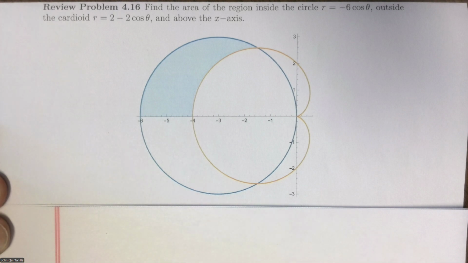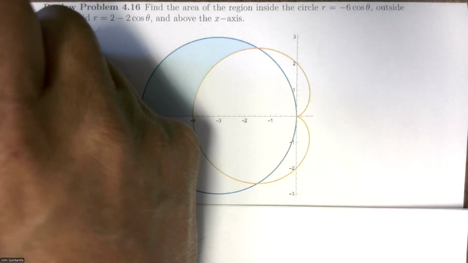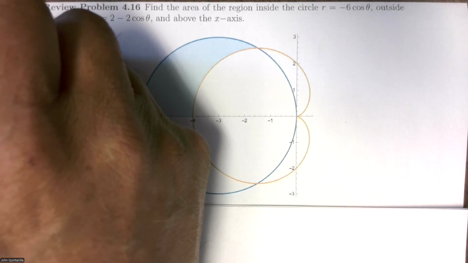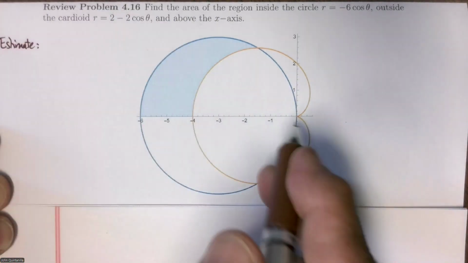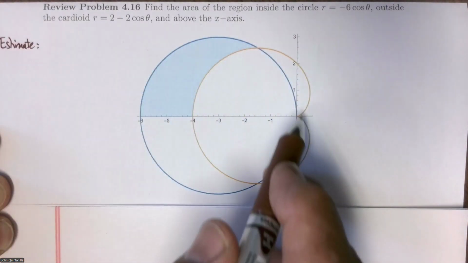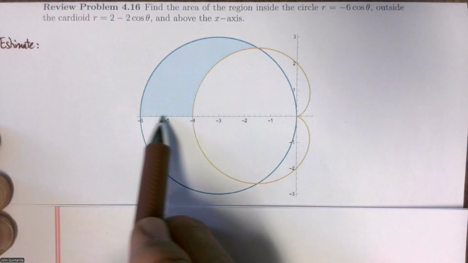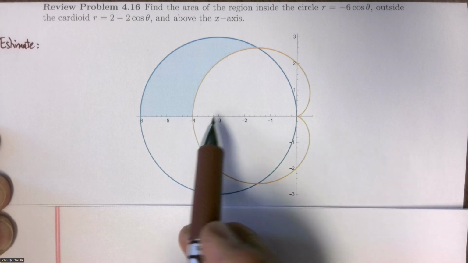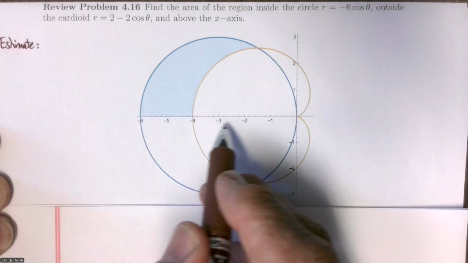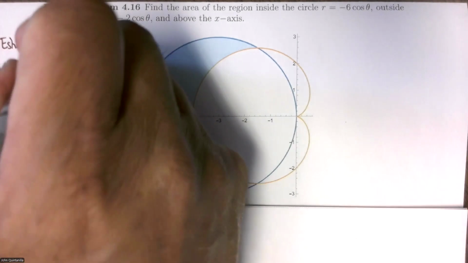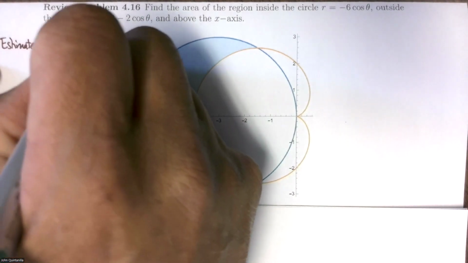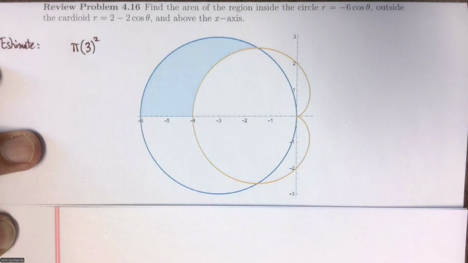Now before we get started, let's get an estimate of this. The way that I will estimate this is that I know that this is a circle. The circle has a diameter of 6, and so the radius is 3. And so the area of that circle is going to be pi times r squared, 3 squared.